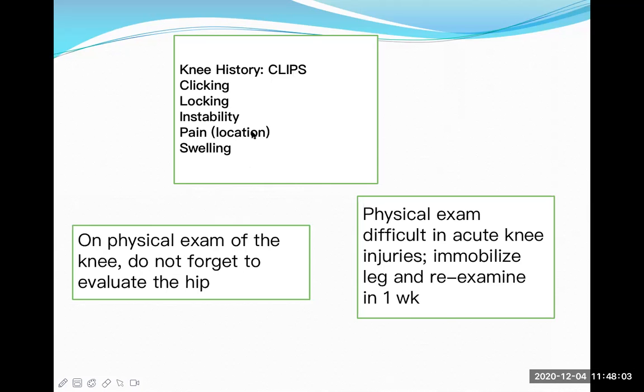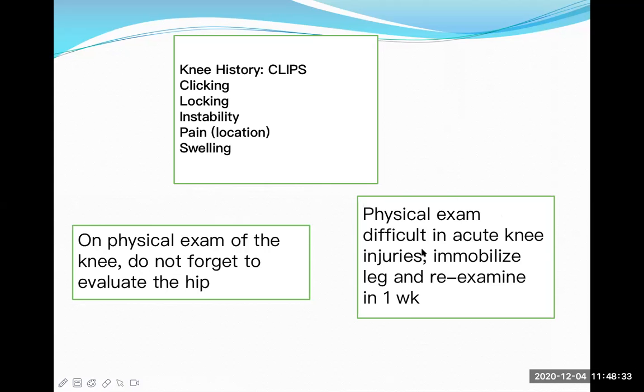So these are the main problems when the knee is injured, either because of trauma or because of some other joint disease. Now, on physical exam of the knee, do not forget to evaluate the hip also, because sometimes the hip joint is also injured as a result of trauma or some other medical conditions like rheumatoid arthritis, or osteoarthritis may occur in both joints.